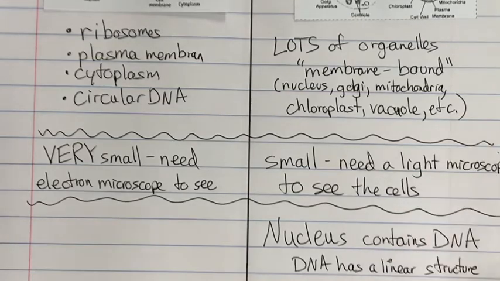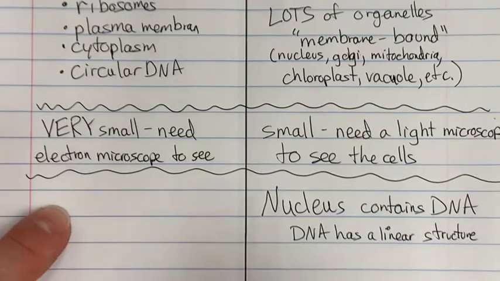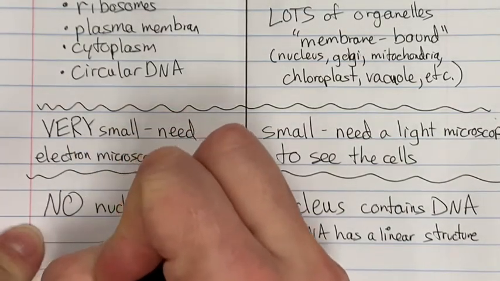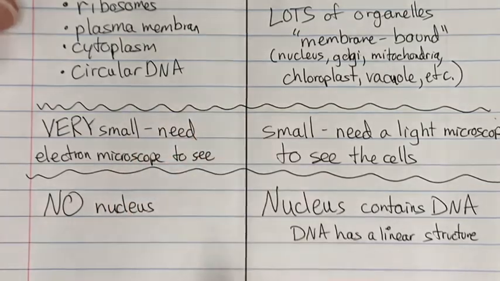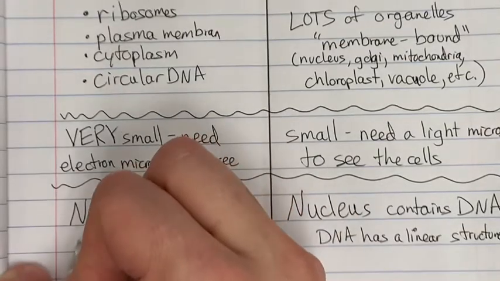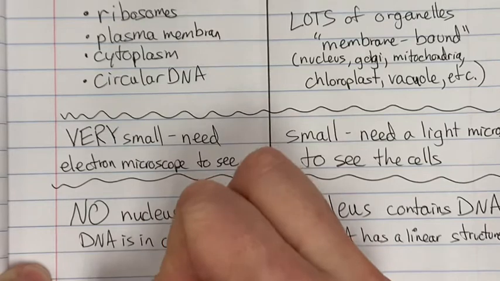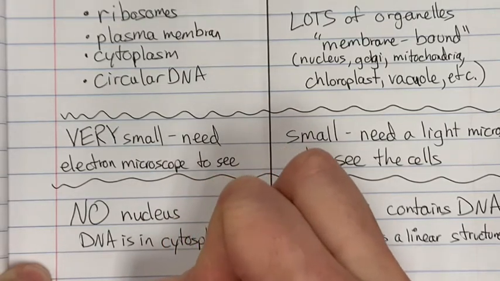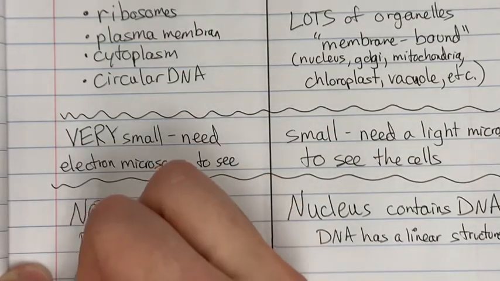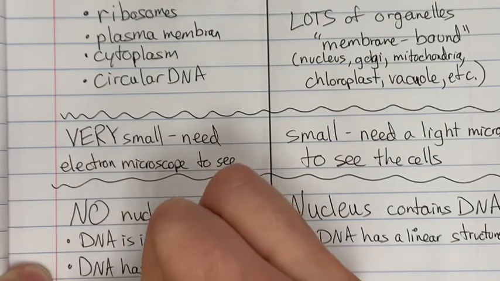It has two ends and it's a long strand. Whereas prokaryotic cells have no nucleus. There's no nucleus inside there, but there's still DNA. All right? The DNA is just in the cytoplasm. The DNA has a circular structure.